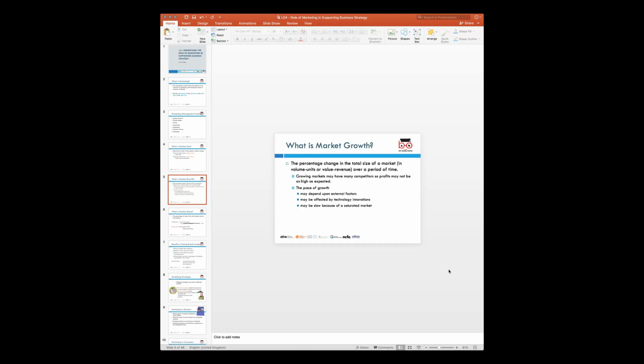So growth markets or growing markets can have many competitors. As you can see, Apple came out with a smartphone. At that point in time, Nokia was a clear market leader.